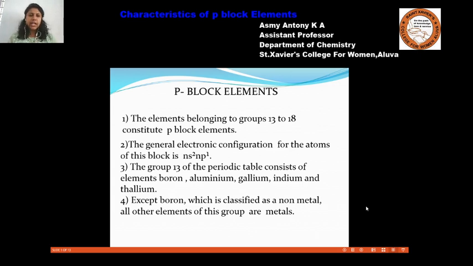When considering group number 13, the elements will be boron, aluminium, gallium, indium, and thallium, in which boron is a non-metal and others are metals. That is, aluminium, gallium, indium, and thallium are metals.